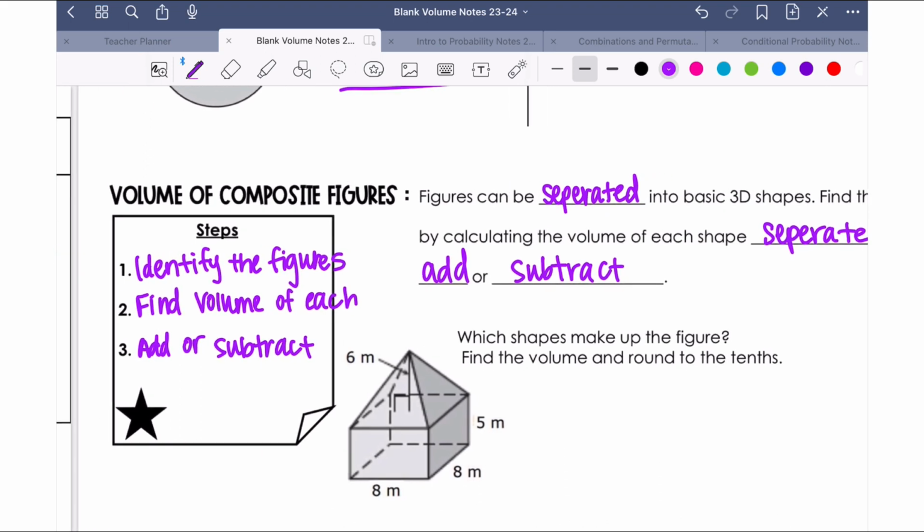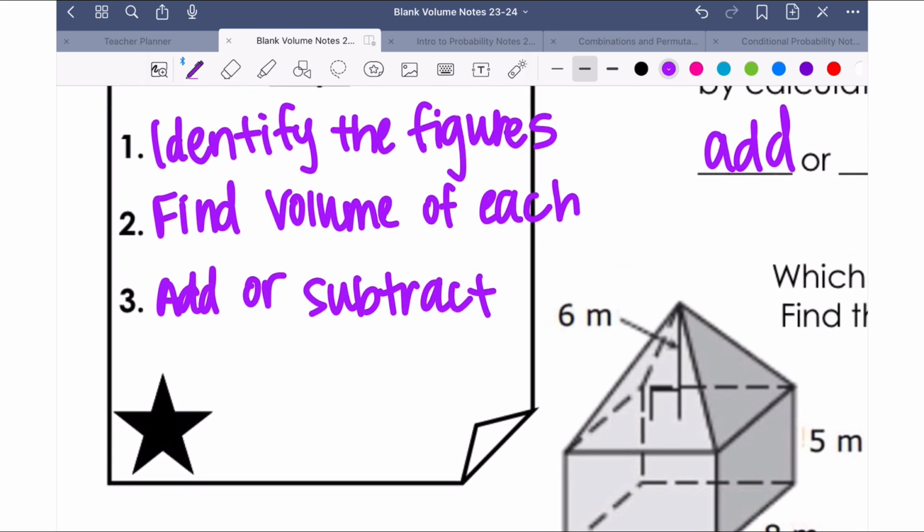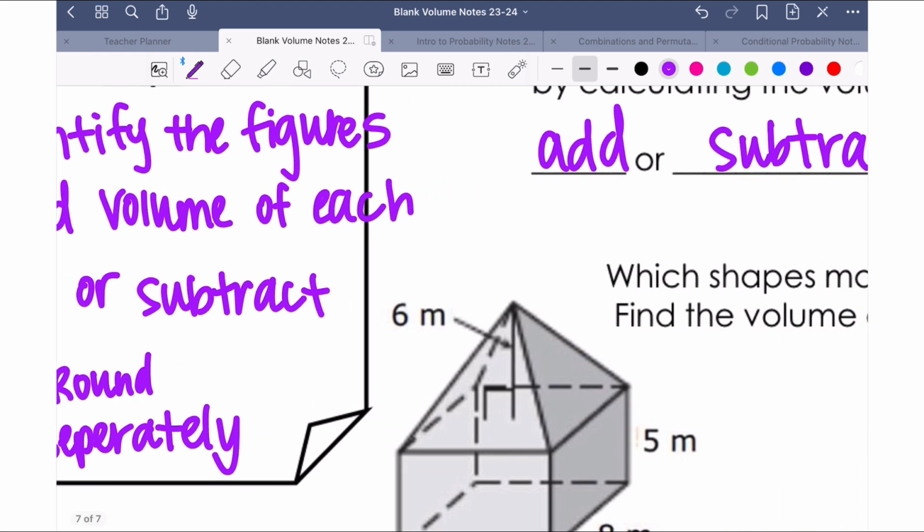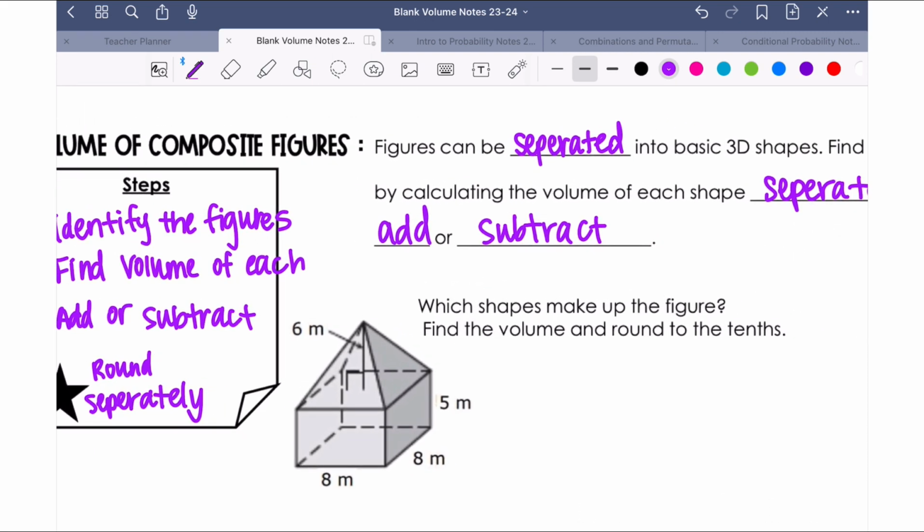And then this star right here, always remember to round separately. So if there's somewhere you have to round them separately and then add them or subtract them. Okay. All right. So everybody got that down.